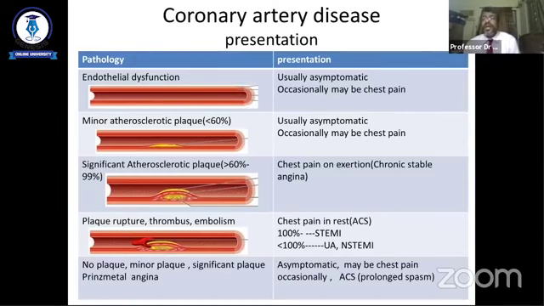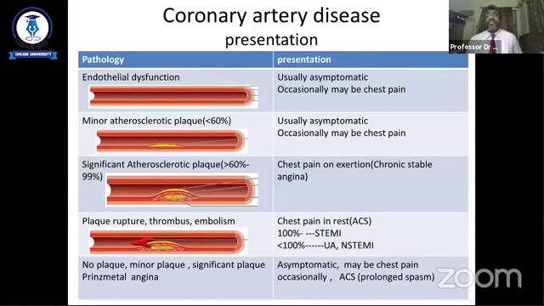That leads to total or subtotal obstruction of the blood flow through the coronary vessels, and severe ischemia to the cardiac muscles, and subsequently there is destruction, or infarction, of the myocardial cells. So actually this is the pathophysiology during acute coronary syndrome.